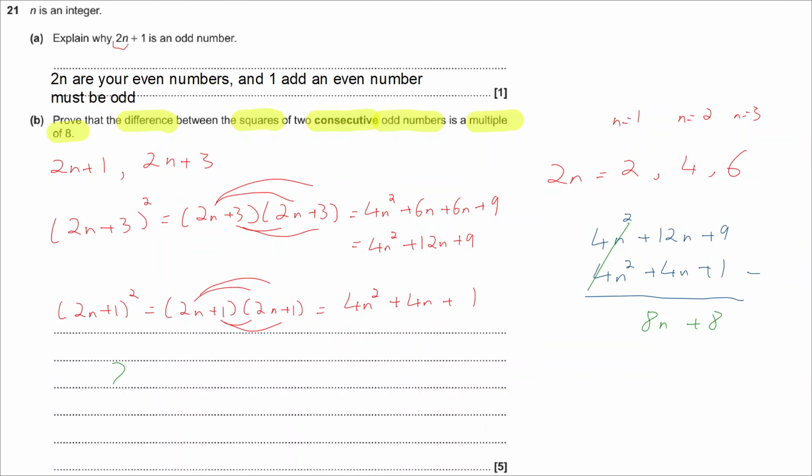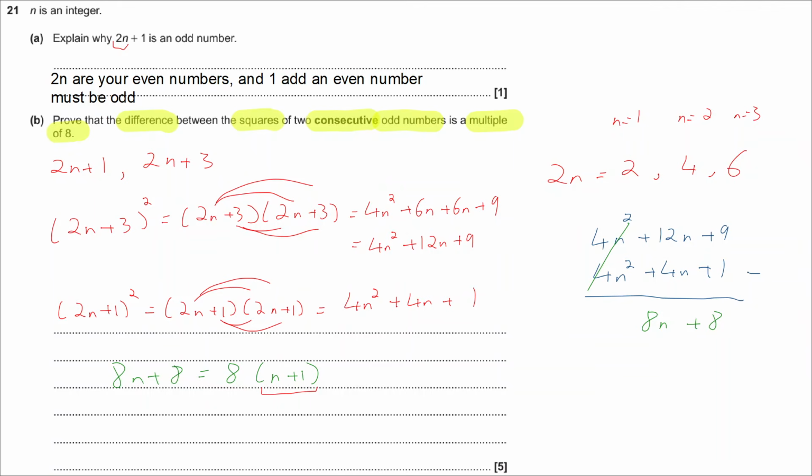And then when you get to 8n plus 8, you can factorize out an 8 to give you 8 bracket n plus 1. And no matter what this is equal to, this must be a whole number, because n is an integer. If this was equal to 3, 8 times 3 would be 24, a multiple of 8. If n was equal to 7, 8 times 7 would give you 56, which is a multiple of 8.